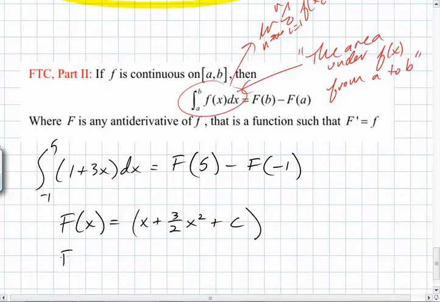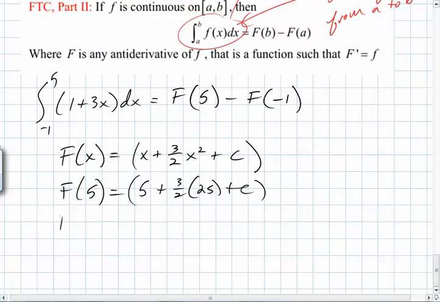What is F of 5 in this case? 5 plus 3 over 2 times 5 squared plus c. And what's F of negative 1? Negative 1 plus 3 over 2 times negative 1 squared plus c.